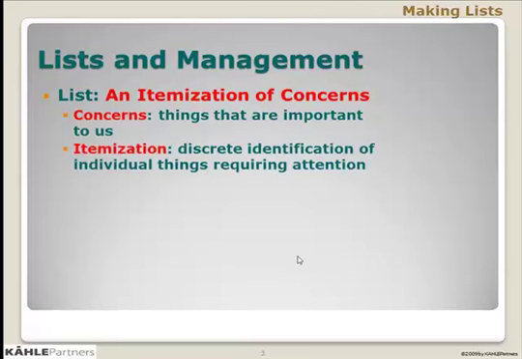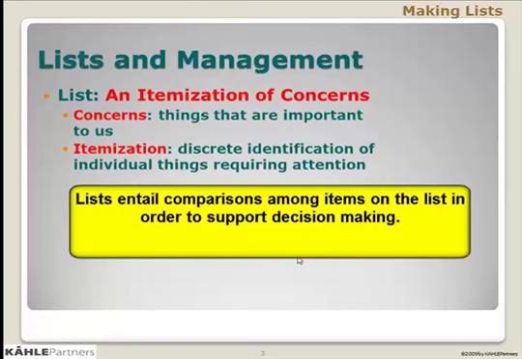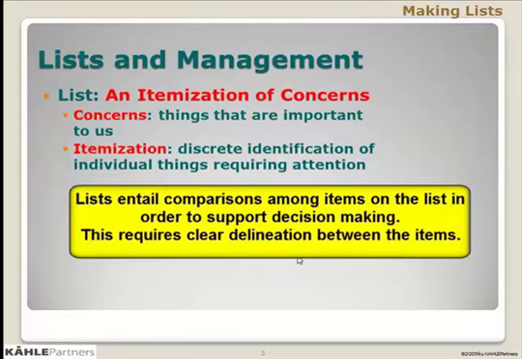Secondly, it is important to understand that lists are an itemization. They are not a bundle, they are not a bunch, they're not a group, they're not a collection, they're not a lot, they're not a relative description of things. Lists are discrete identification of things that are competitors for our attention. For lists to be effective, we have to be able to see what each item is and be able to consciously evaluate it at some level relative to the other items on the list.